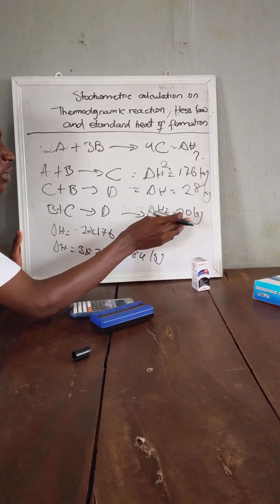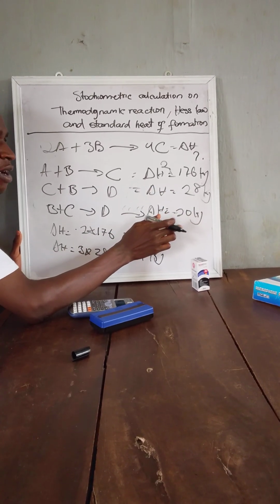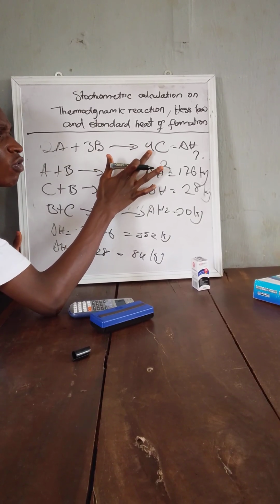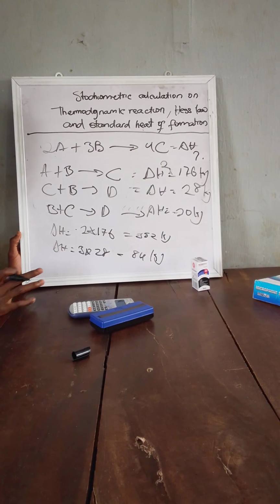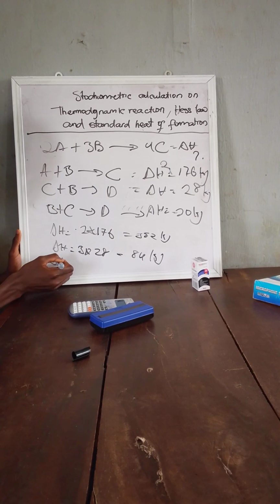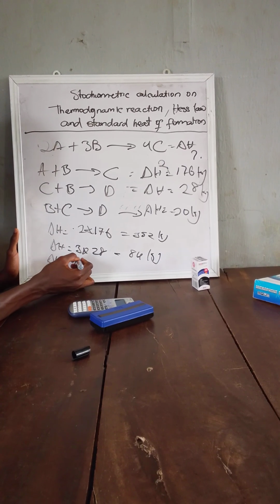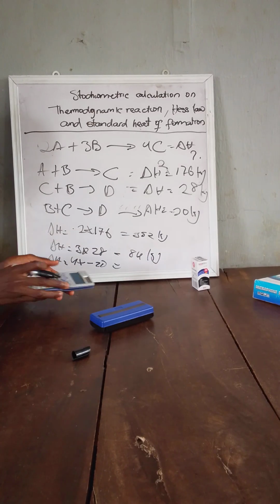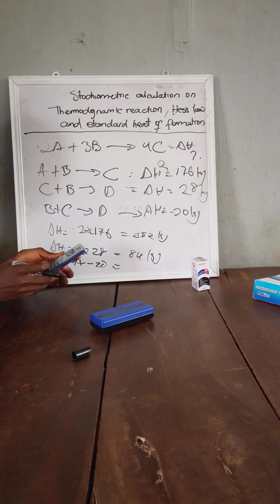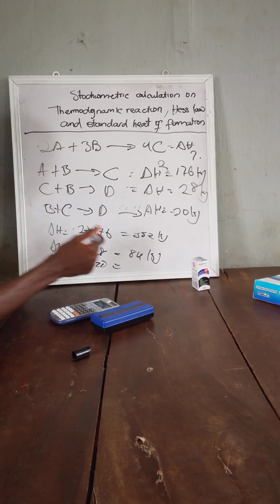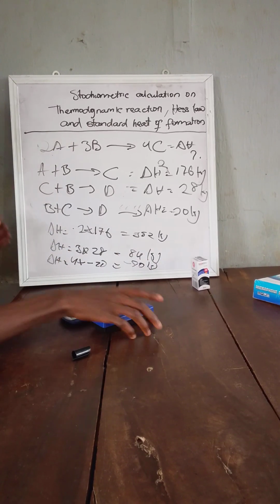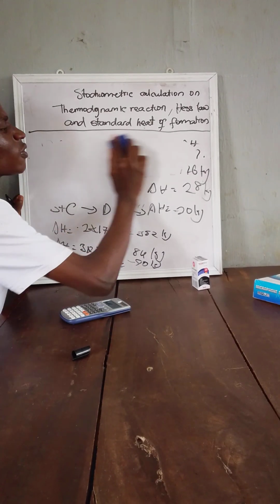And I'm still going to multiply this by 4, because in my control reaction, I have 4 moles of constituent C. So my delta H for the other one is 4 times minus 20 kilojoules, which is minus 80 kilojoules.